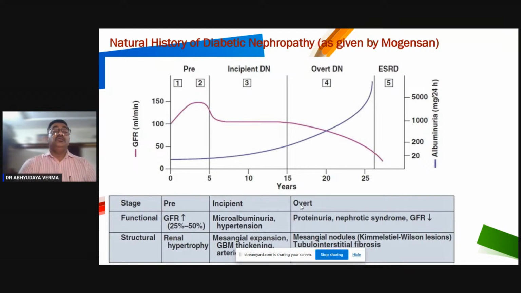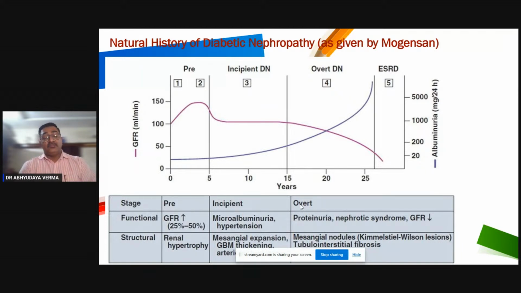And this is the natural history of diabetic nephropathy as given by Mogensen. This is very important. You can see here, initially we may have an increase in the GFR, but then along with this we have microalbuminuria and hypertension, and then we have the overt diabetic nephropathy, which is like, respectively, 0 to 5, 5 to 10, and 15 and above years, where we get proteinuria, nephrotic syndrome and reduction in the GFR.